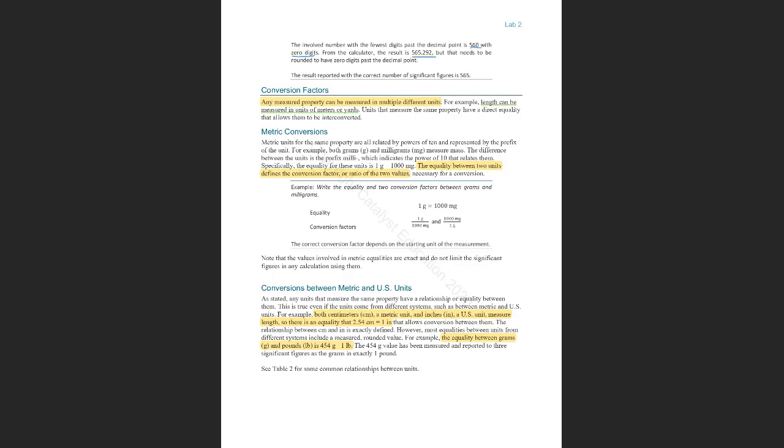When you plug in that addition, you are going to have 565.292.